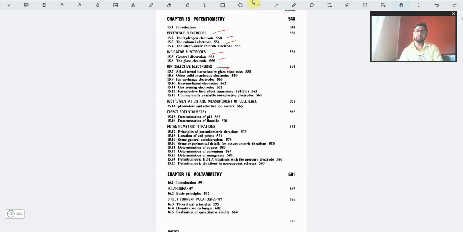Then we have instrumentation, measurement of EMF, from which we can calculate the pH of the solution. Potentiometry can also be used for determination of pH. Then we have potentiometric titration of copper, chromium, manganese. I guess silver was also there, because we had done potentiometric titration using silver also.